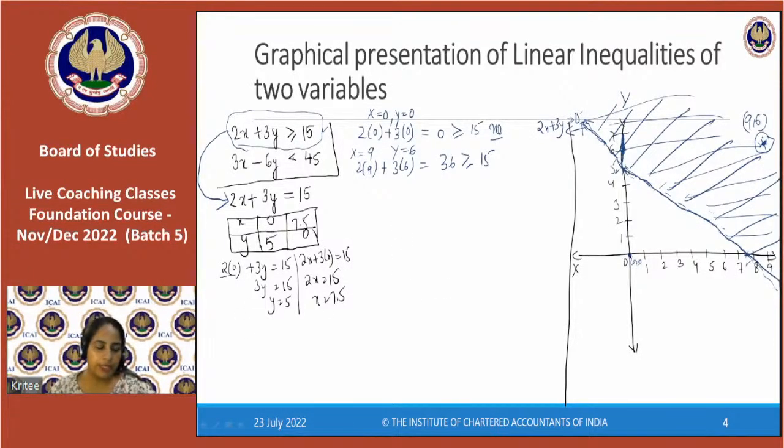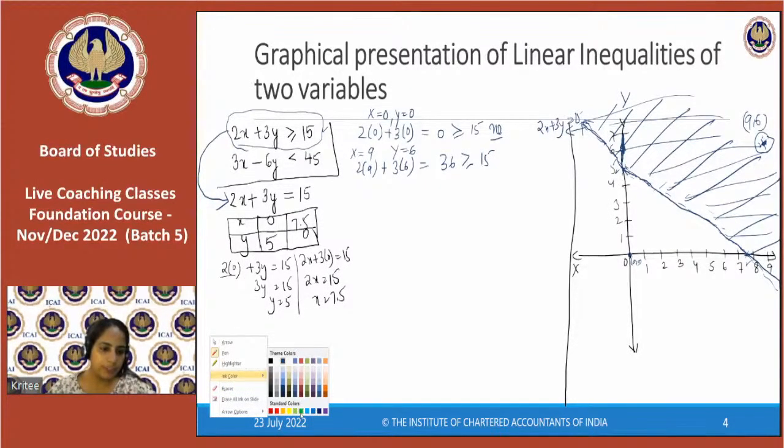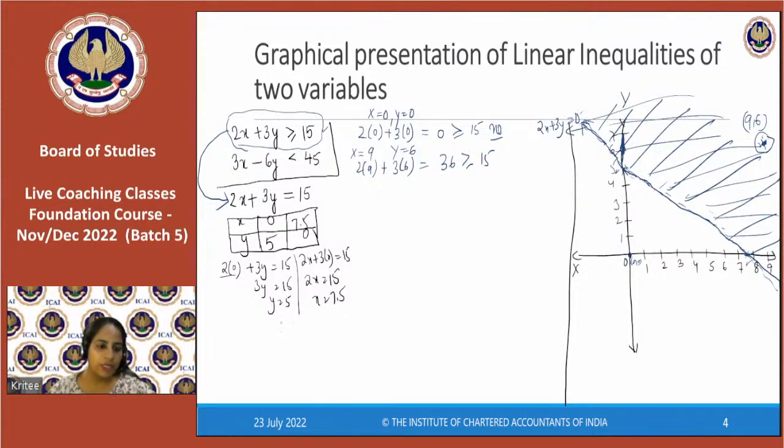Okay, next equation. This is for the first equation we have done. Let us do it for the second equation. The second inequality, I will convert it into an equation first. It says 3x minus 6y is equal to 45. First condition, convert the inequality into equality.